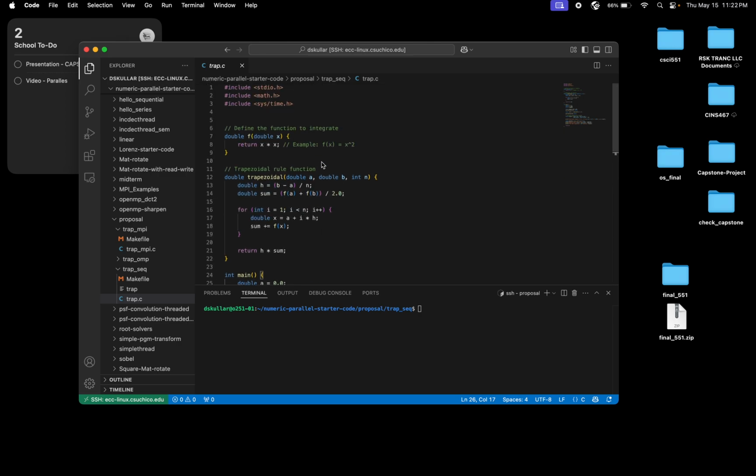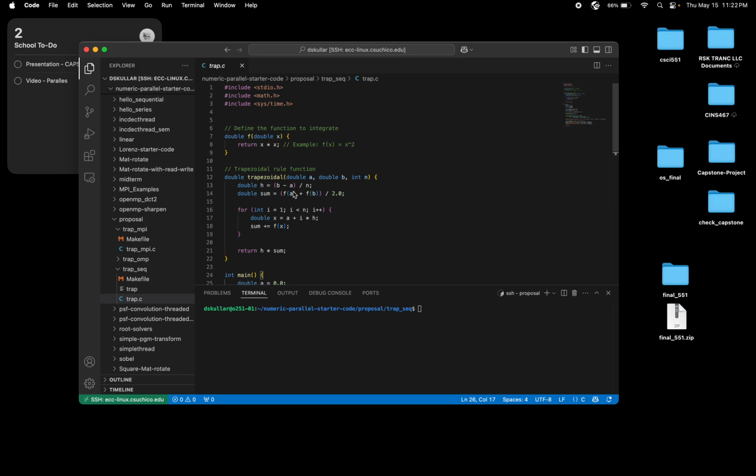So, what does the sequential version do? We define the function f of x as x squared. I use the trapezoidal rule to estimate the definite integral over 0 to 10 with 1 million trapezoids for better precision.